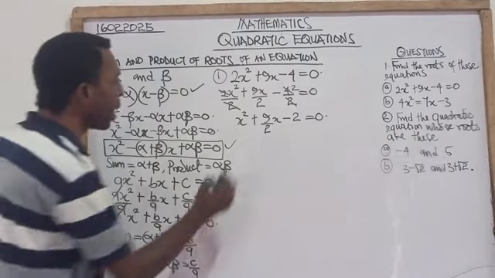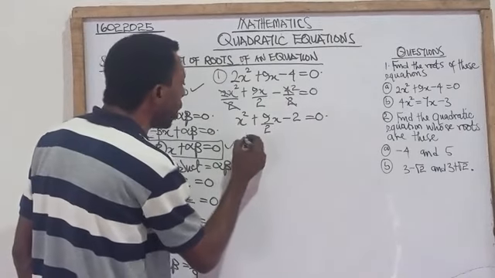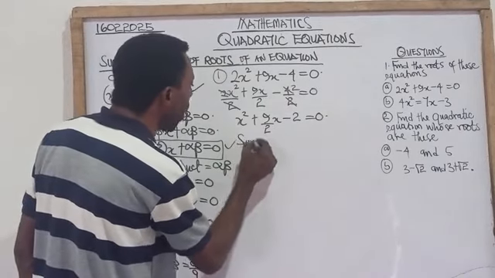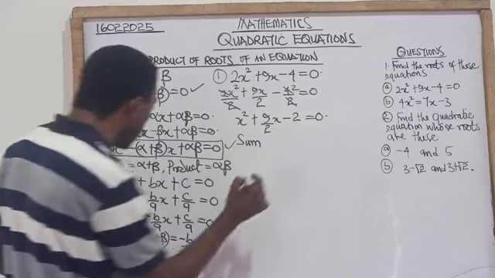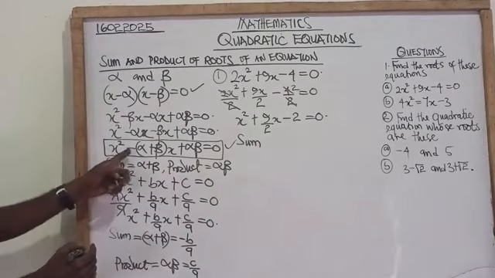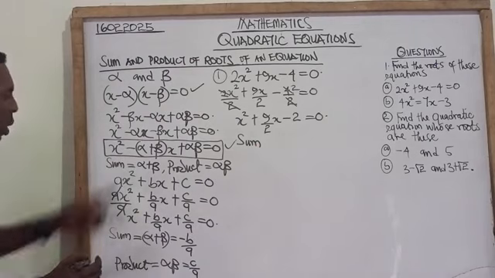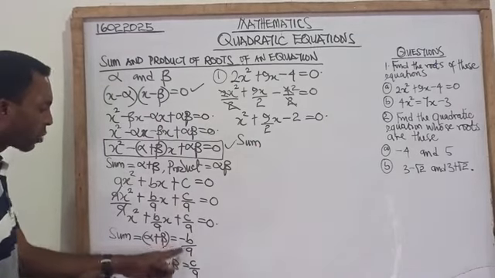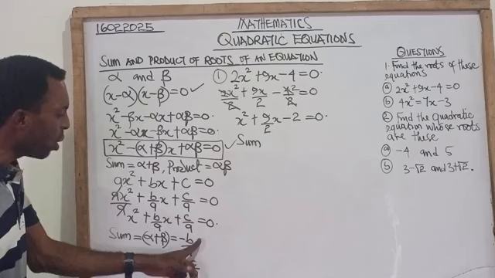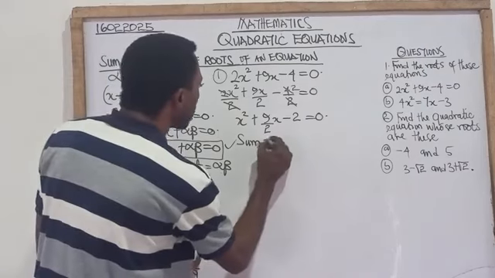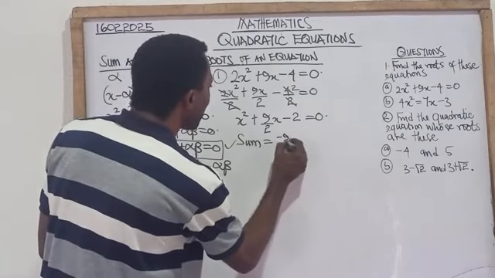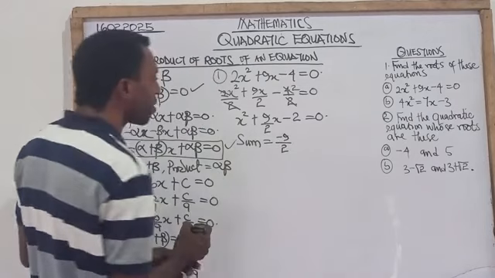From here, the sum of the equation is, don't forget that in the sum you introduce your minus, which is minus b over a. That gives us minus 9 over 2. That's the sum.